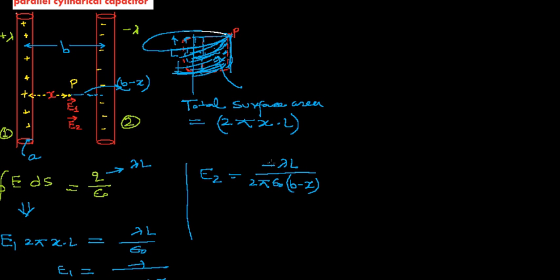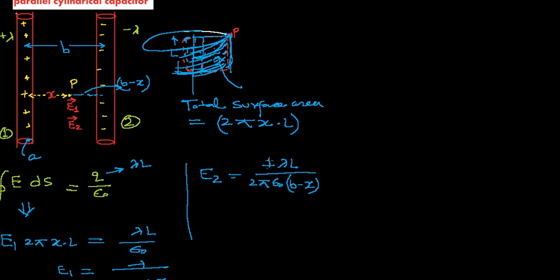If we consider the direction, the electric field directions of E1 and E2 will be the same, toward the negative charge. E1 is from plus to minus and E2 is also from plus to minus, so this one will be plus.